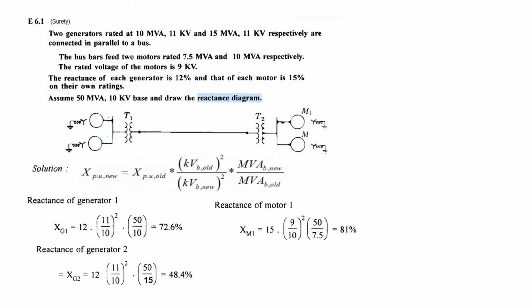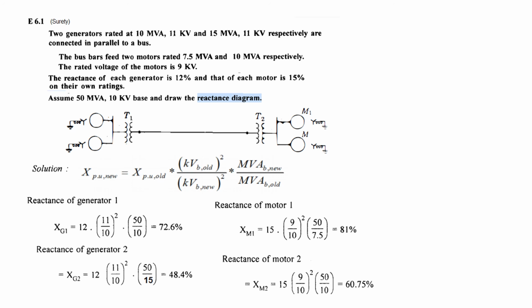And now the MVA base is 50 and the motor MVA is 7.5 MVA in the first and 10 MVA in the second, so 7.5 MVA. So this will become 81%, and in the second case we just change this from 7.5 to 10. So this is the percentage reactance for the second motor.